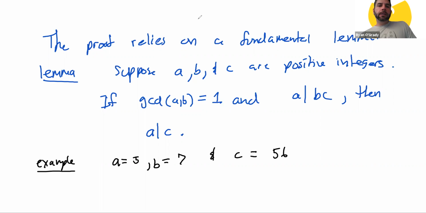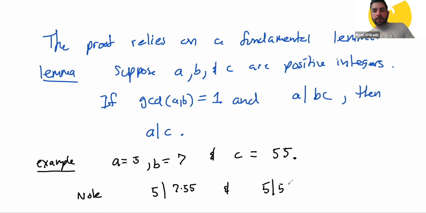No, that's a bad example. How about 55? So note that 5 definitely divides 7 times 55, and 5 divides 55. It can't divide 7. This is not an example of applying the theorem. It's an example of a true version of the theorem.